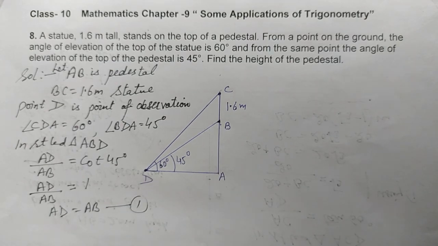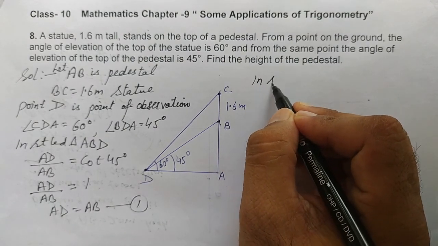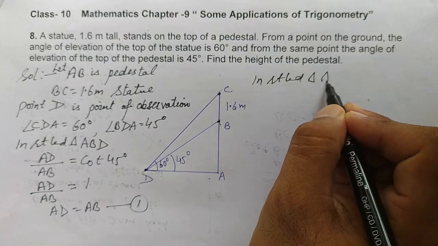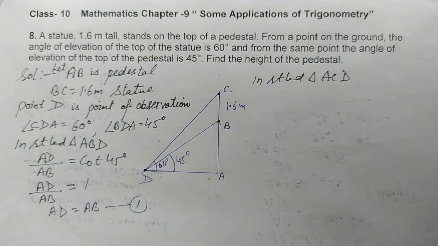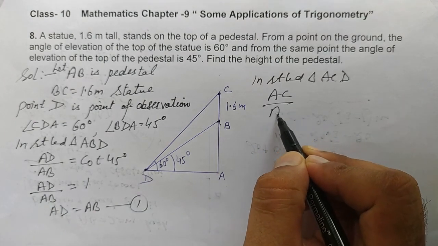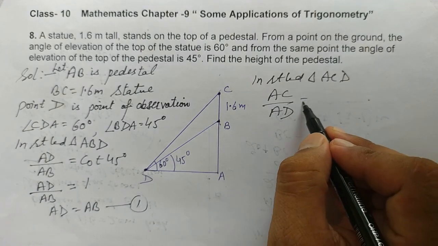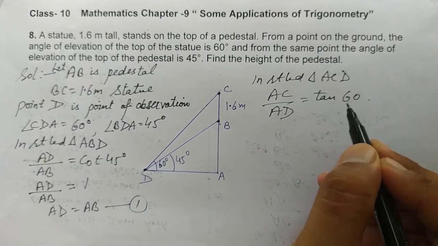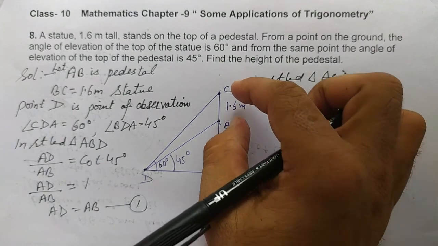So in the second right angle triangle, we'll see in right angled triangle ACD. Now in ACD, AC over AD, P over B. This is tan 60 degrees, right? Now AC I can write as AB plus BC.